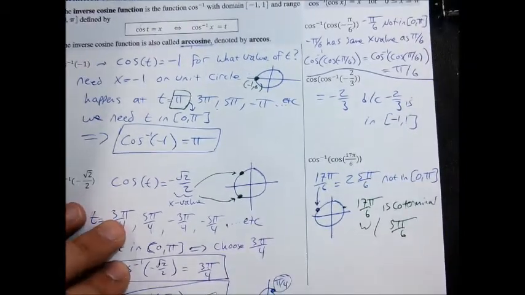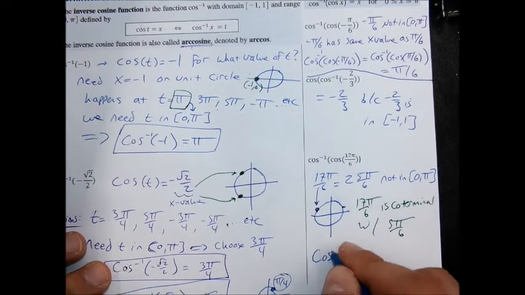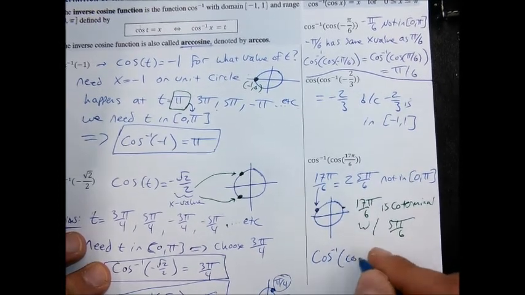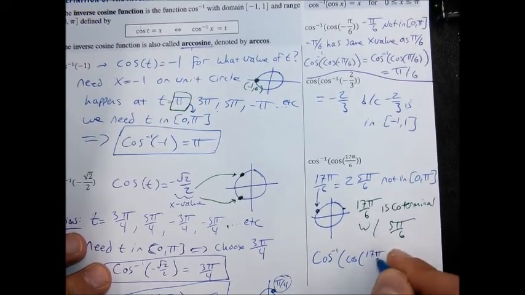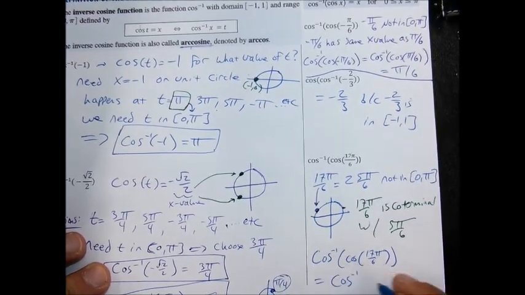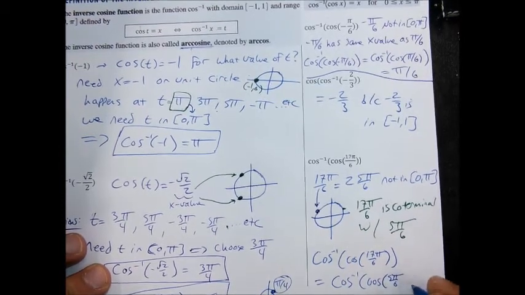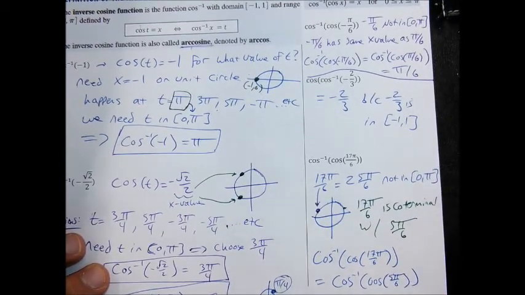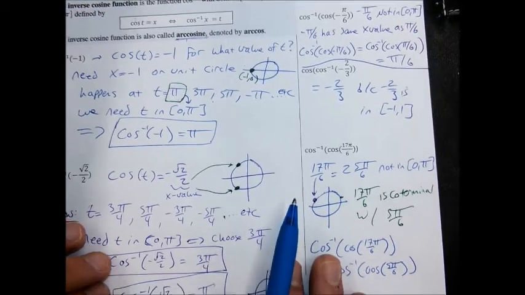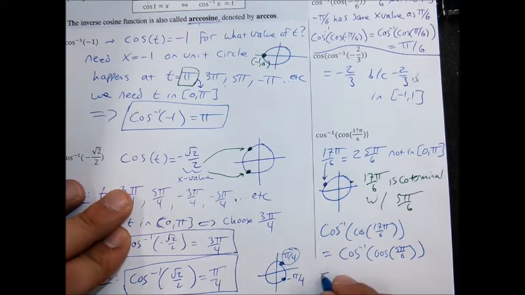So what we'll say is our original cosine inverse of cosine of 17 pi over 6 is the same thing as cosine inverse of cosine of 5 pi over 6. And so since that's in the right interval, since 5 pi over 6 is between 0 and pi, that's the answer.